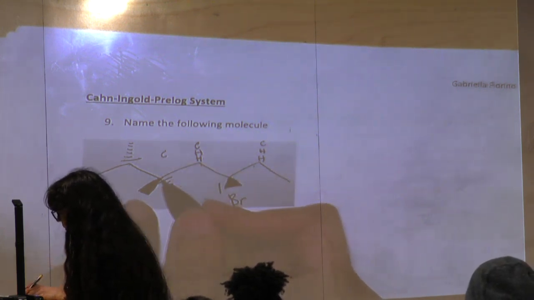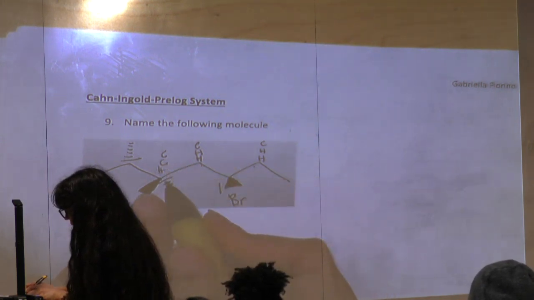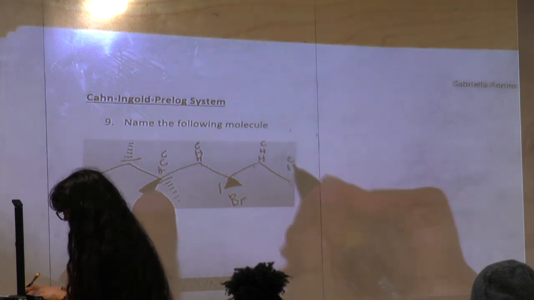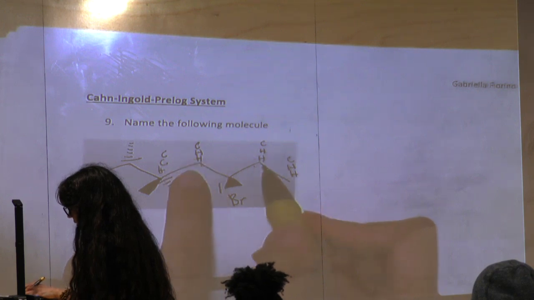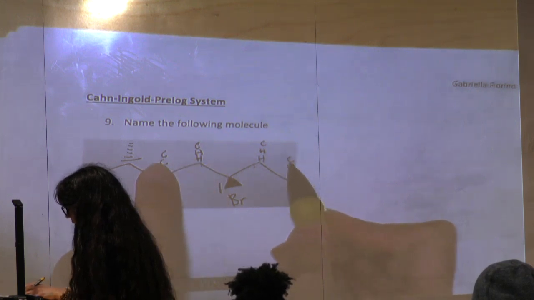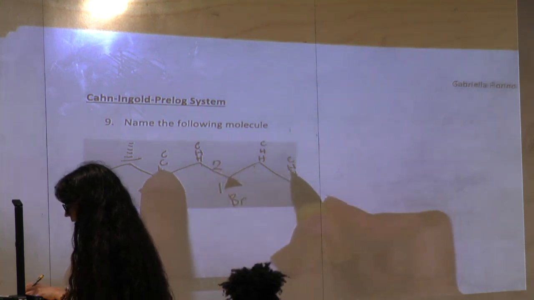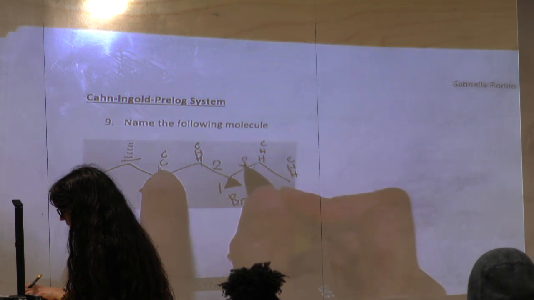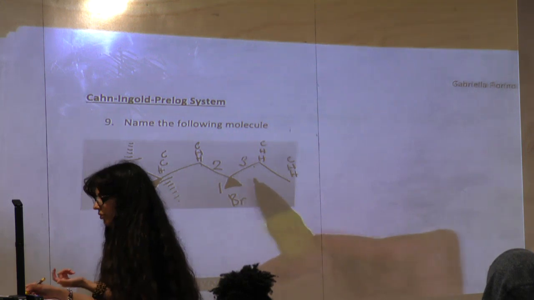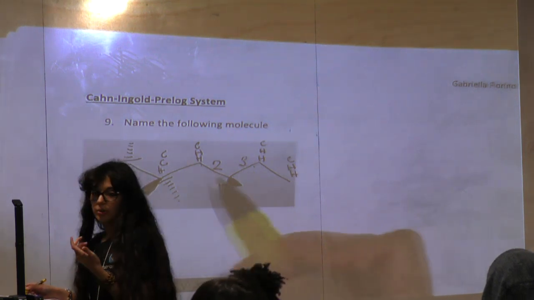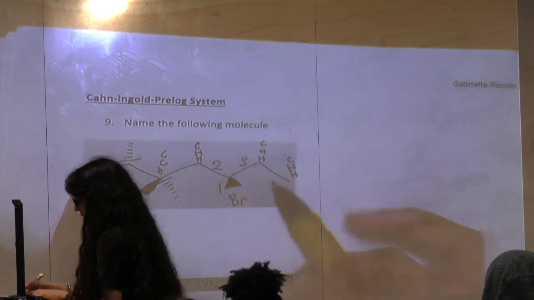Because carbon can only have 4 bonds. It goes to a carbon, and it has hydrogens. If we go over here, this is a carbon with 3 hydrogens. So these are equal. When we go to this next one, these carbons are tied, but carbon beats hydrogen. So that means this is our second priority, whereas this is our third priority. We have a hydrogen here also that we don't draw, but the hydrogen doesn't really matter because we know it's going to be our lowest priority. So we don't even care about hydrogen. It's sad, but we don't care about it.